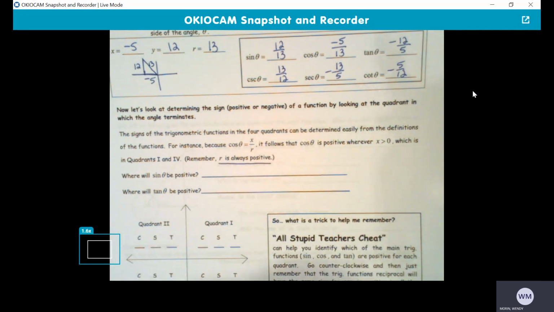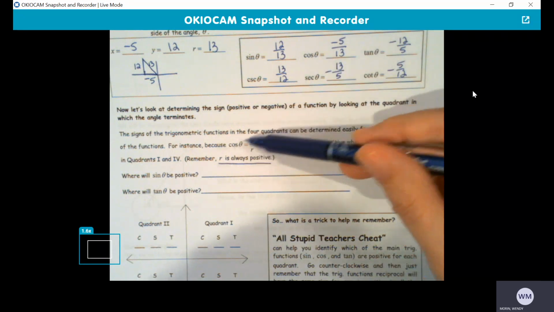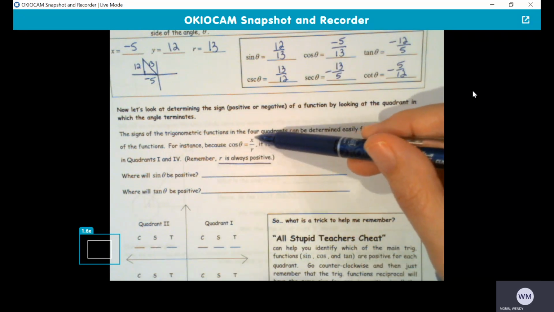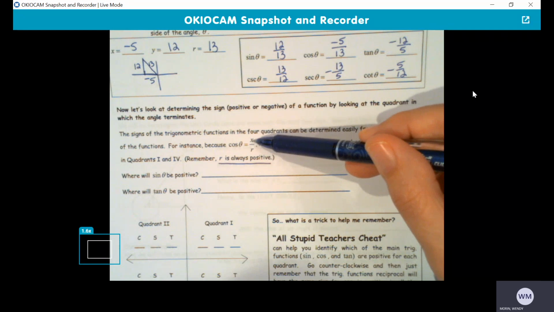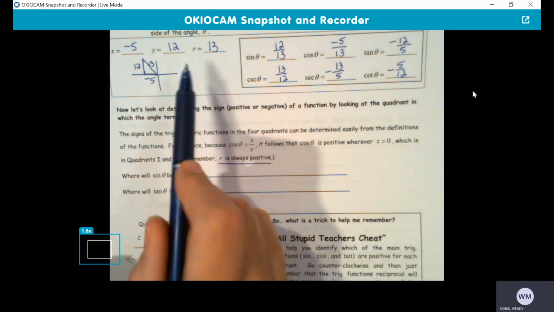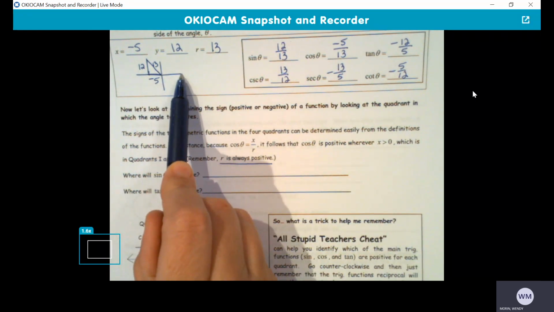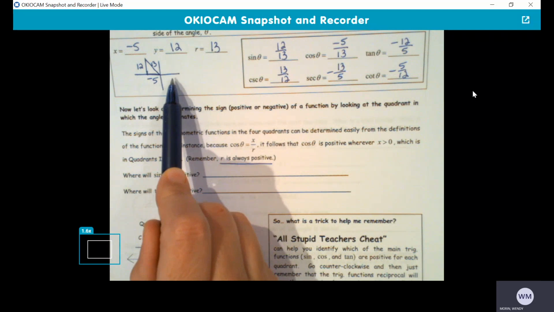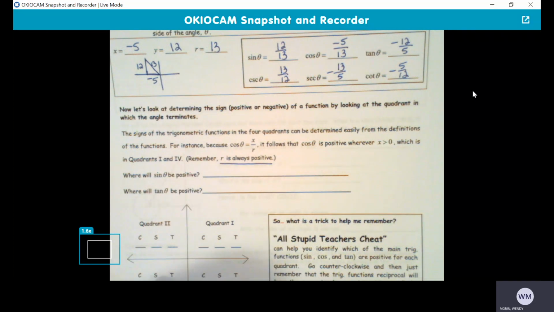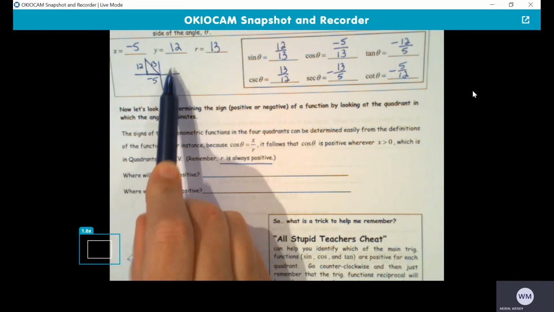So in order for our cosine to be positive, our x would have to be positive. So looking back up here, our x is positive when we're in the first and in the fourth quadrant. So cosine is positive in the first and in the fourth.